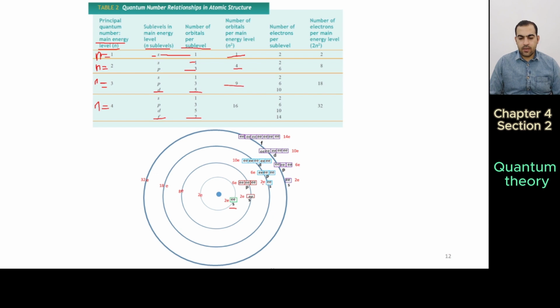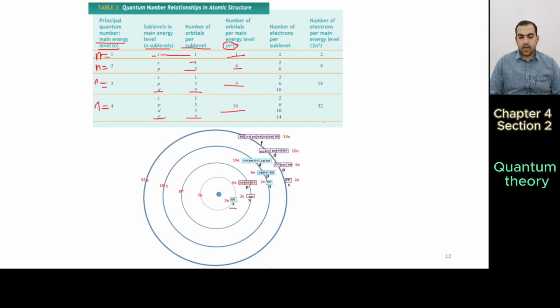Third, we have 9: 5 of D, 3 of P, 1 of S. Maximum, 9. Fourth energy level, we have 16 orbitals.